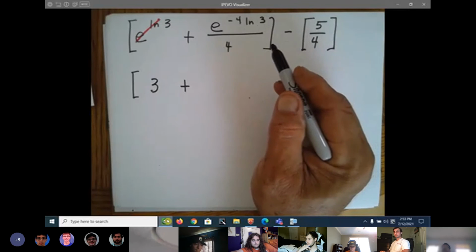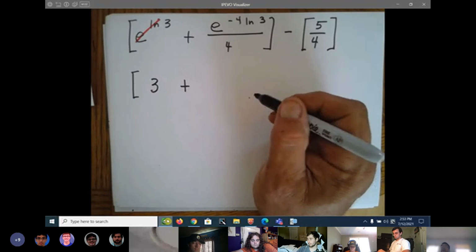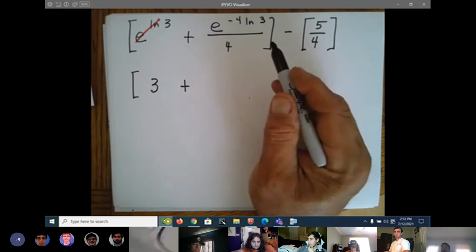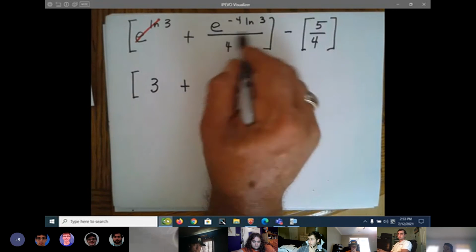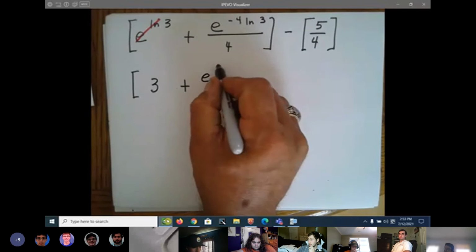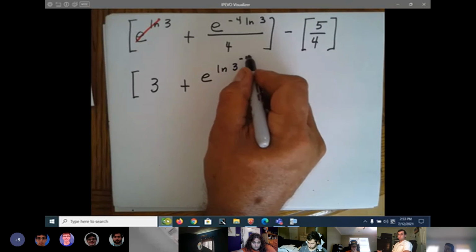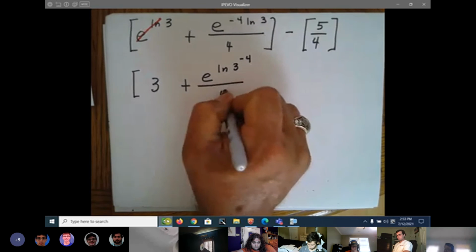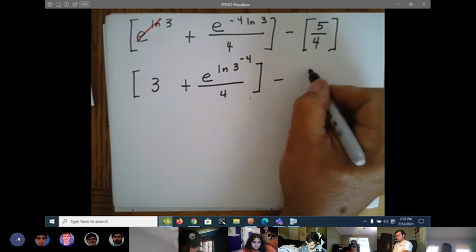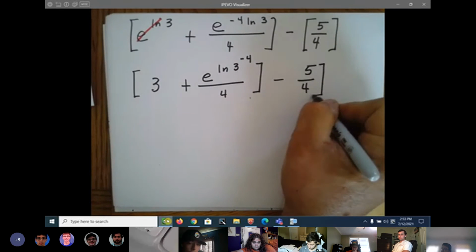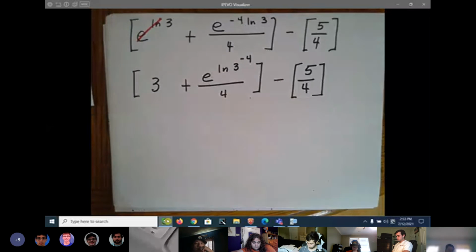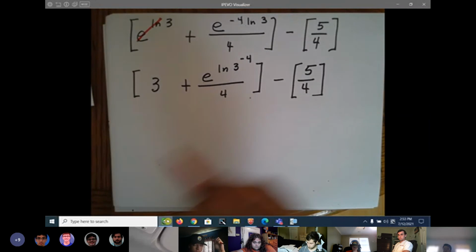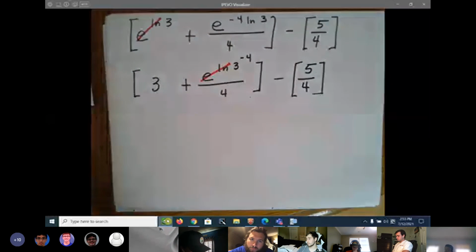What rule is that? The power rule. I'm going to rewrite this: e to the natural log of 3 to the negative 4th power over 4. And again, what happens to the e and the natural log? Cancel, and that 3 to the negative 4 drops down.